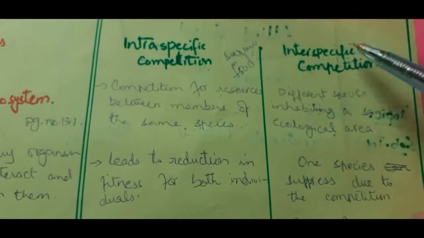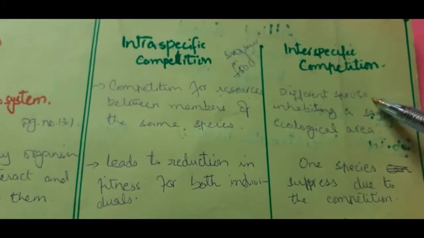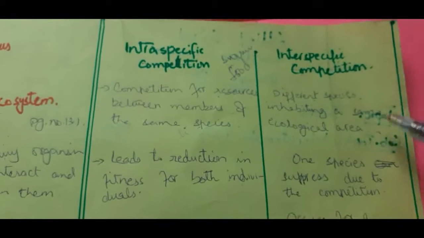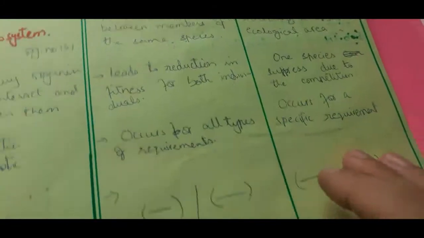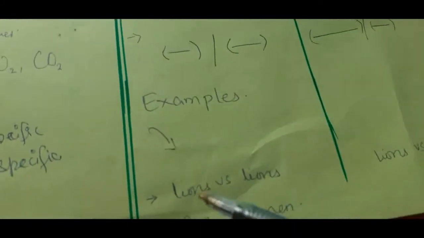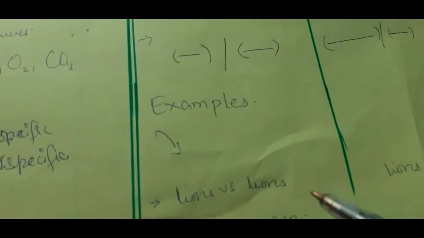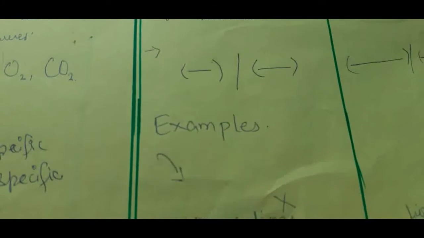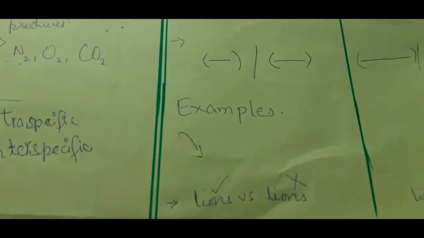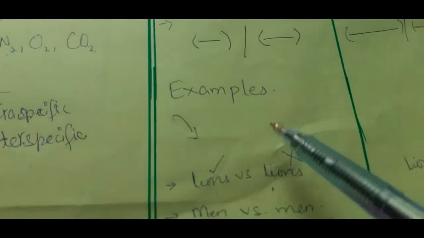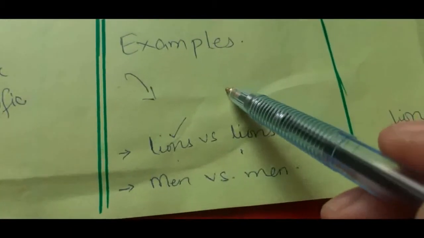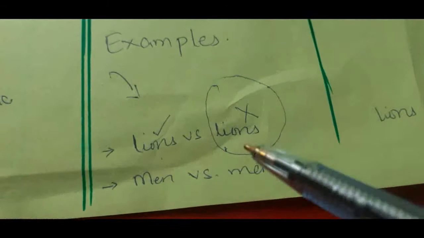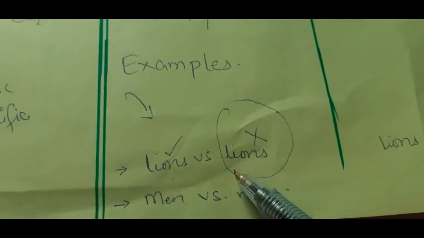Whereas interspecific competition is the competition among different species inhabiting the same ecological area, and that is also for resources. Okay, now when lions fight with lions, what do we observe? We observe that some lions are being defeated, whereas some lions have won, right? So in this case, the reduction of the fitness of both individuals occurs. What does it mean?